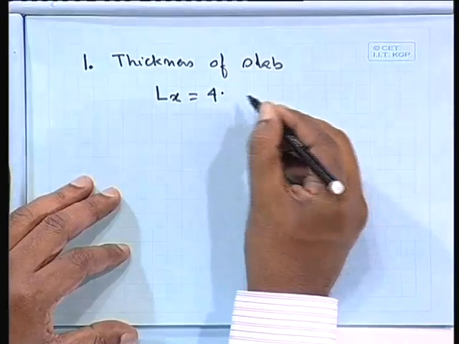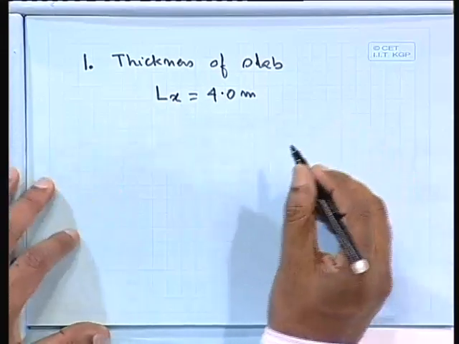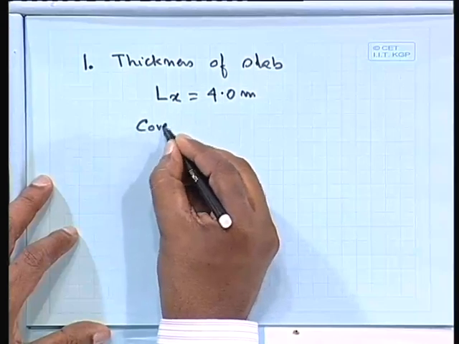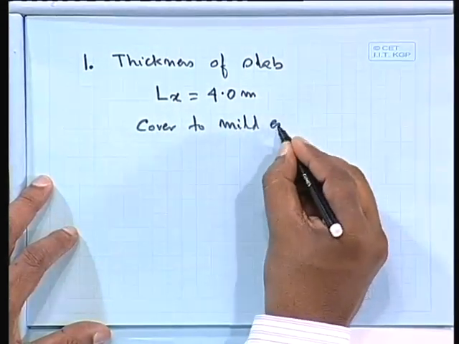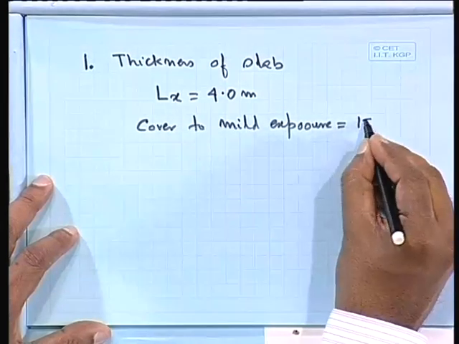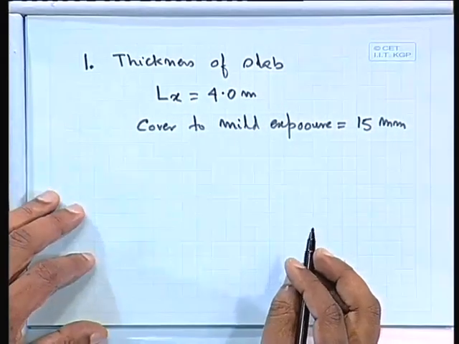If the width of the masonry or the support were mentioned, then we would have to calculate the effective span. But here we shall take it as 4 meter, and cover for mild exposure equal to 15 millimeter.